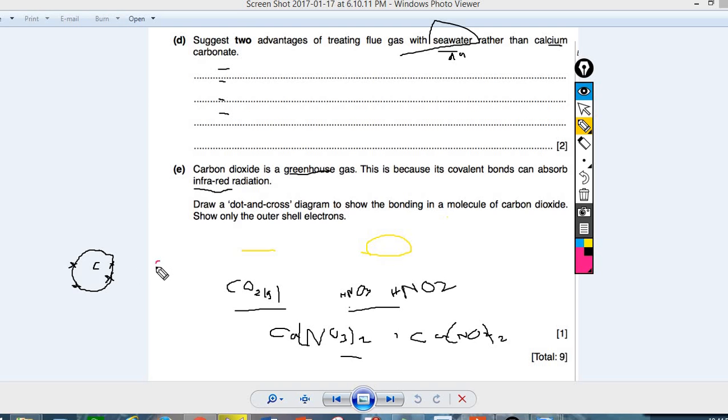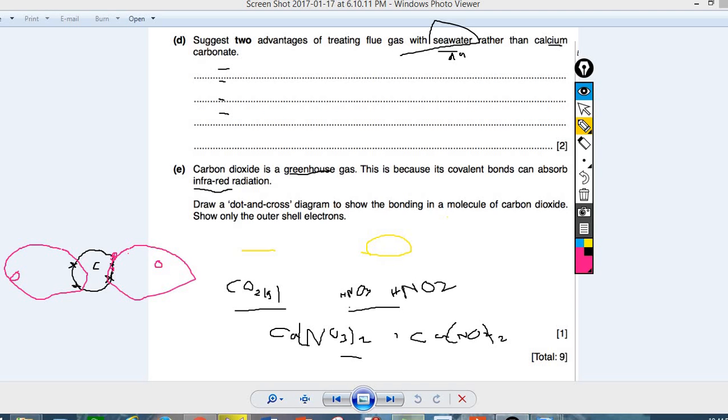So you have oxygen here, and you have oxygen here as well. Oxygen on the other hand has 6 outer electrons. Oh my god, I'm really sorry about my drawing, by the way. Since oxygen forms double bonds here, sorry, this should be a dot.